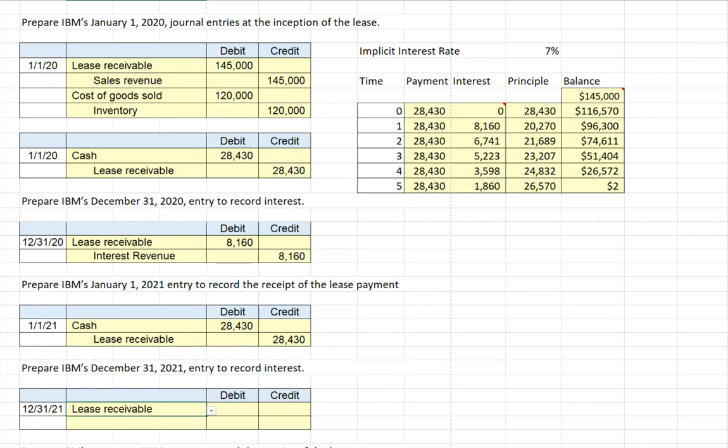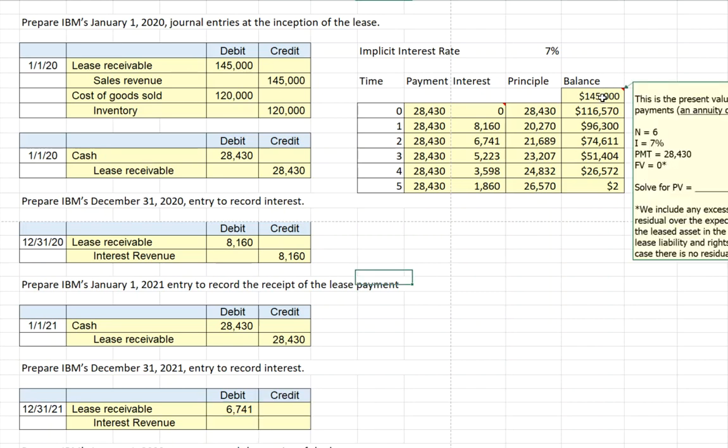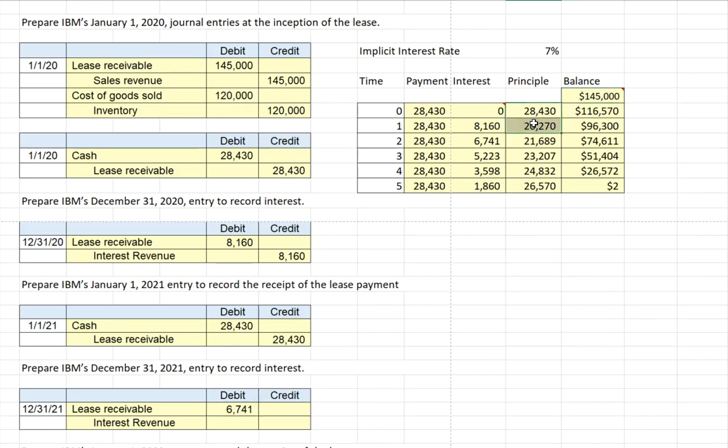We will debit the lease receivable and credit interest revenue for $6,741. That's the initial lease receivable of $145,000 minus the amounts that have been credited towards principal. So that's 7% times the $96,300.